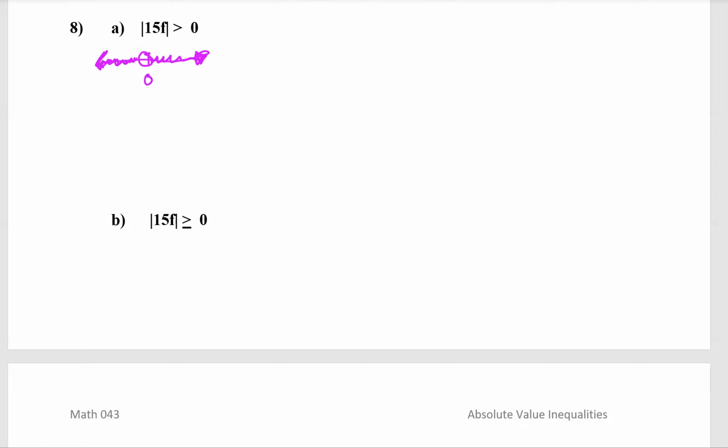So the only thing that isn't going to make this absolute value true is if it is equal to 0. So our answer is all real numbers except 0, and that's the way you write it as an interval.